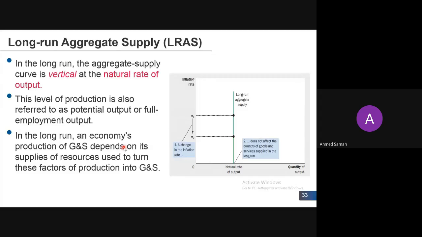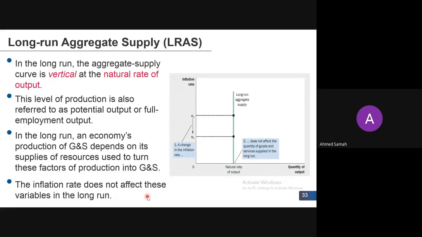In the short run, the price affects the amount of goods and services being produced and supplied by businesses. But in the long run, the price does not play a role, and the long run supply is determined by the resources available. Because of that, the inflation rate does not affect these variables in the long run.